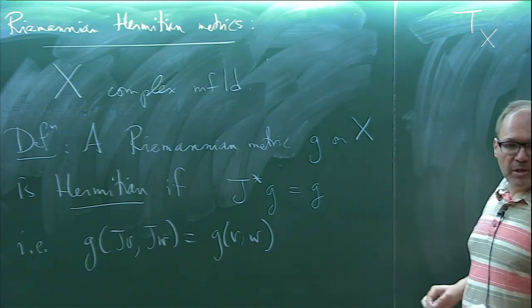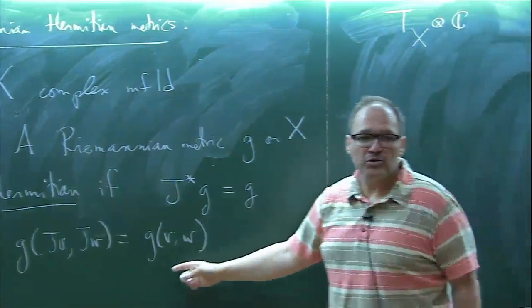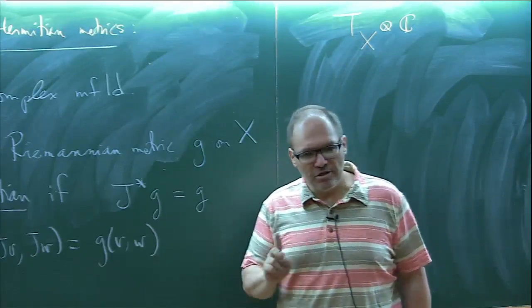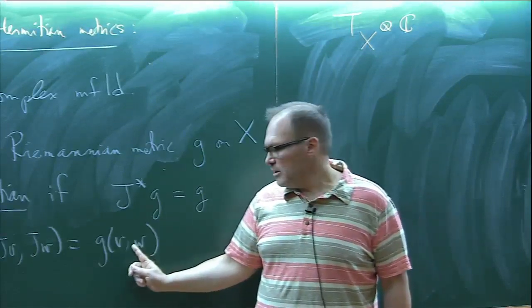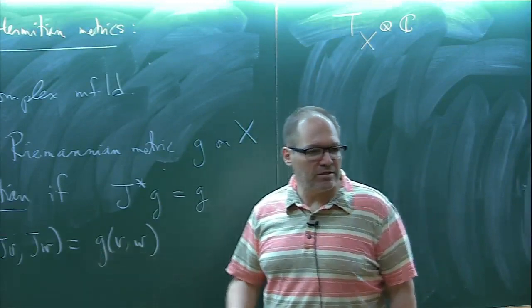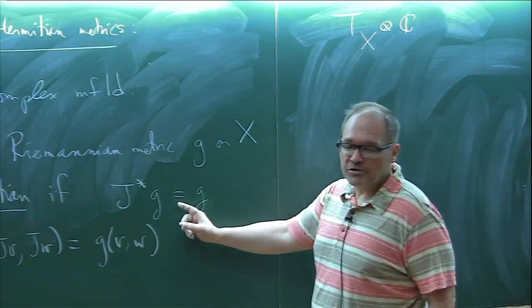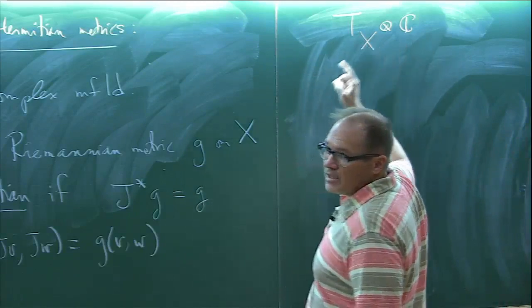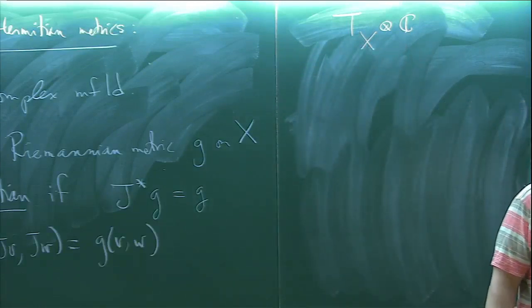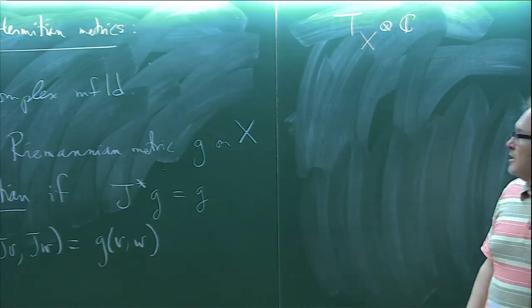But you can also complexify this tangent bundle, and then you complexify the metric, which just means instead of it being real linear, it's now complex linear, but not Hermitian. So if you scale by a complex number here, it doesn't come out as a complex conjugate. It comes out as the same number. So that's called the complexification. If you've got one of these Hermitian metrics, you can extend it, and it's no longer going to be positive definite because it's over the complex numbers, but it's still going to be a bilinear, symmetric, non-degenerate form.